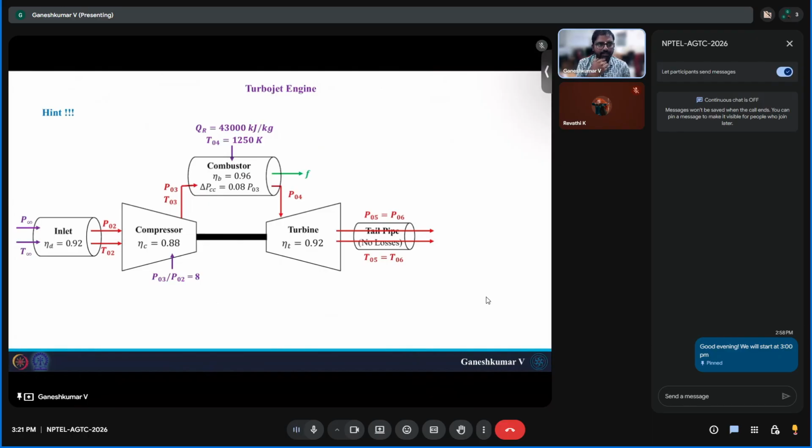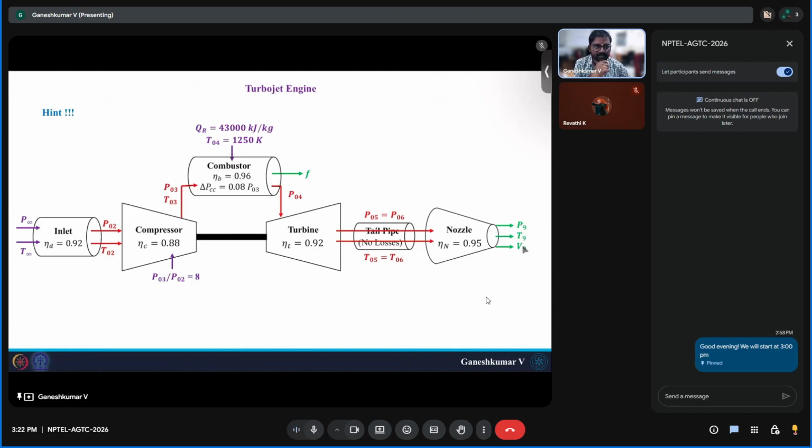But since the tailpipe does not have any losses, we are going to bypass that, and we will directly solve for the nozzle, which has 95% efficiency, and from there we will find P9, T9, and V9.